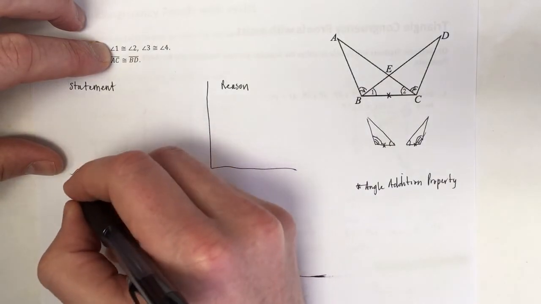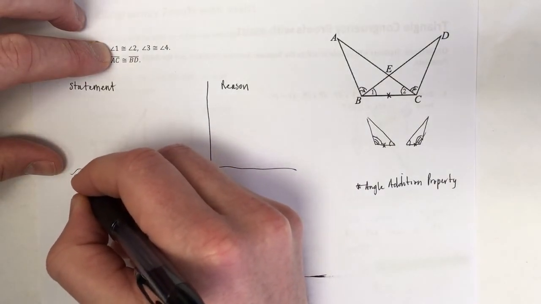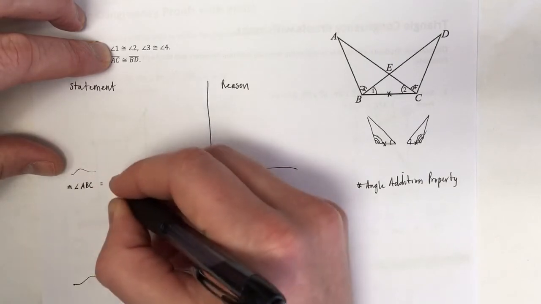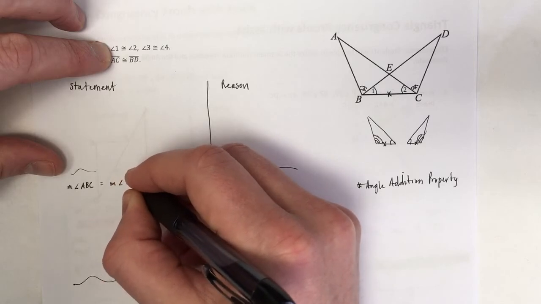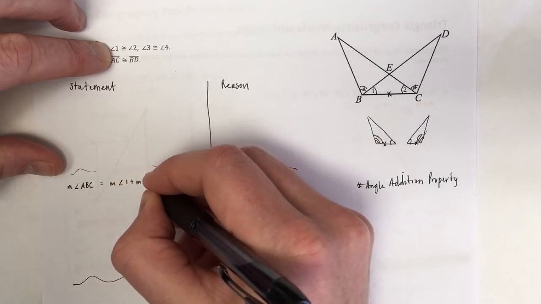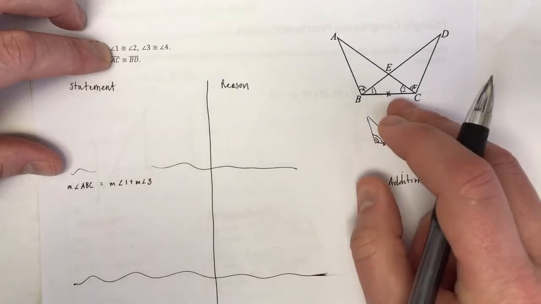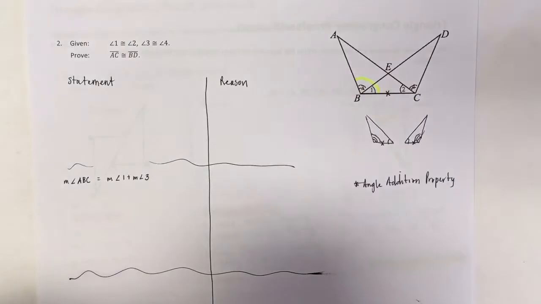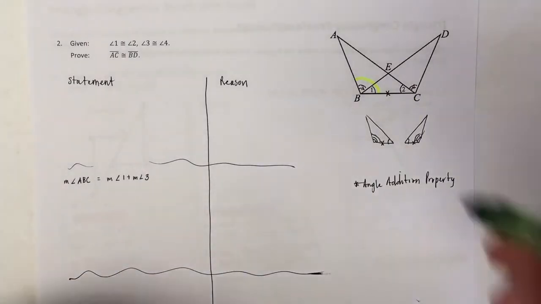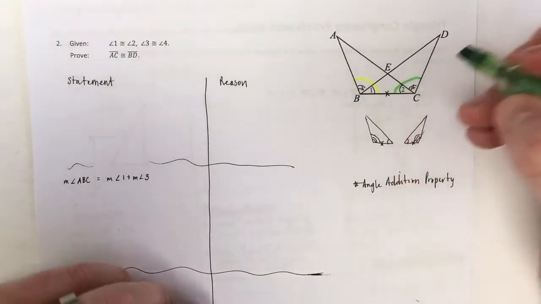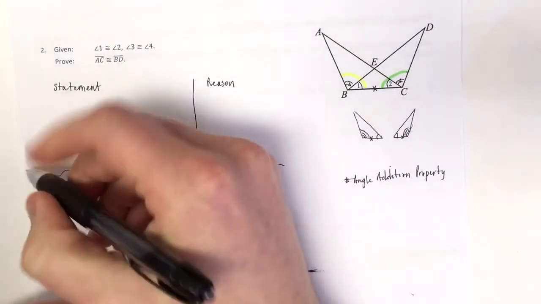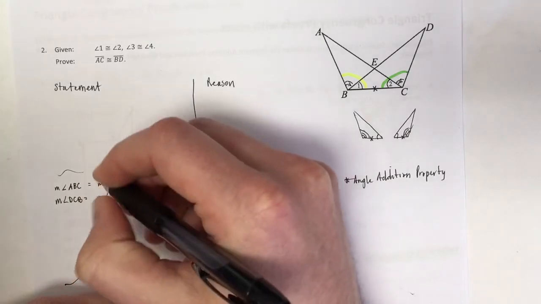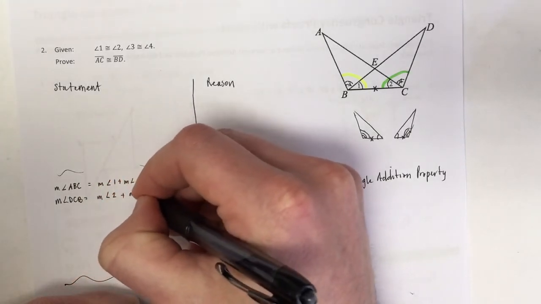And what I do know is that angle ABC, the measure of this, would be equal to the measure of angle 1 plus the measure of angle 3. I also know, so basically I just wrote it out as this whole entire thing. But I also know that the measure of angle DCB is equal to the measure of angle 2 plus the measure of angle 4.